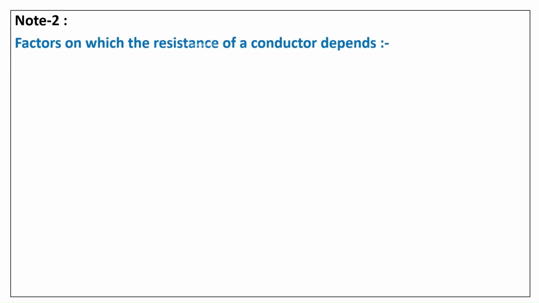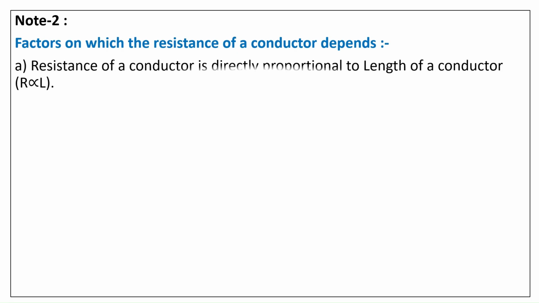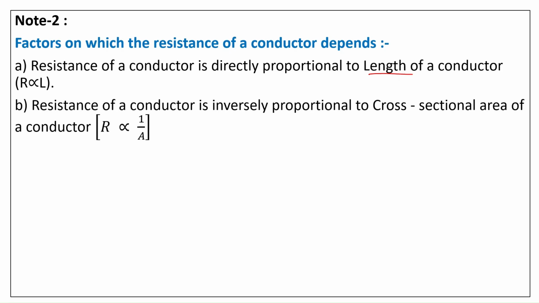Note 2. Factors on which the resistance of a conductor depends. A. Resistance of a conductor is directly proportional to length of a conductor. That is, R directly proportional to L. B. Resistance of a conductor is inversely proportional to cross-sectional area of a conductor.